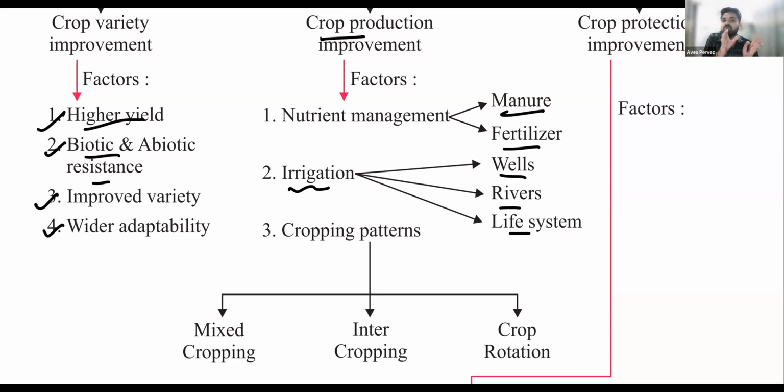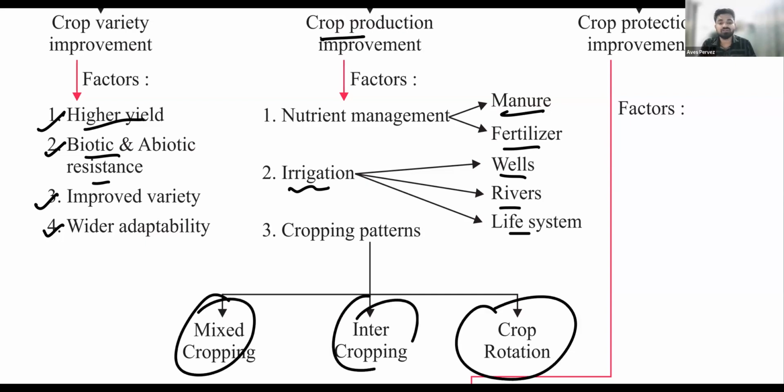So we will try to use a crop that does not use A, B, and C, one that uses some different nutrient than the previous crop. That will help in maintaining the balance of minerals in the soil. We will also use different crop patterns like mixed cropping, intercropping, and crop rotation. We are going to discuss each and every one.